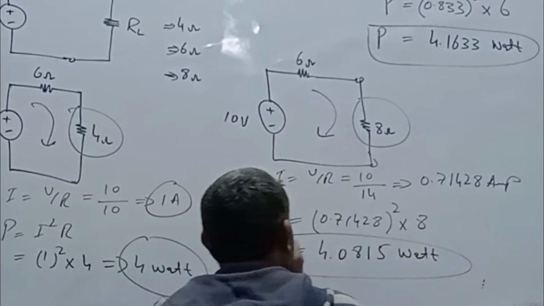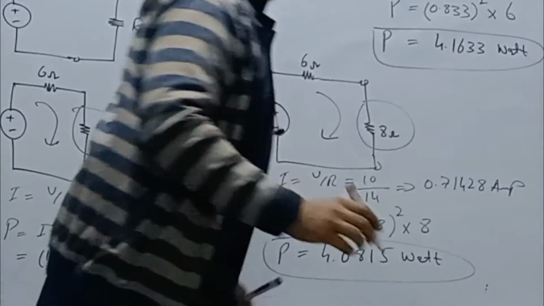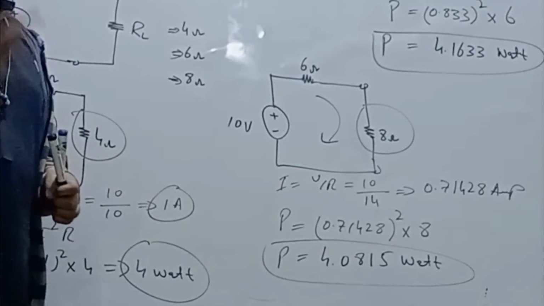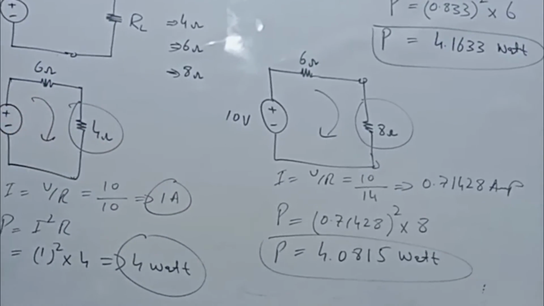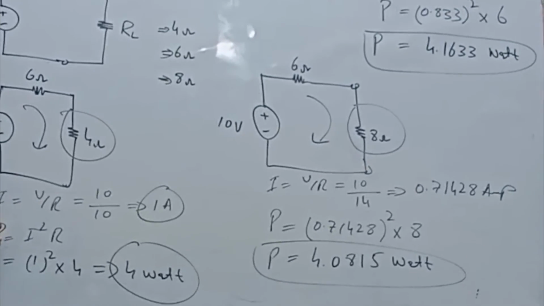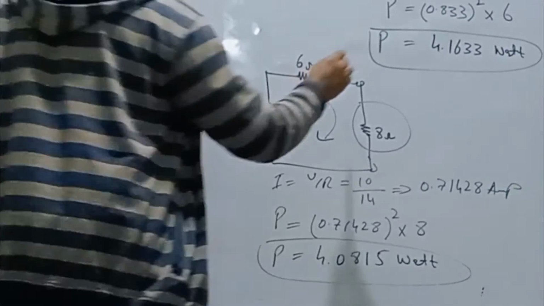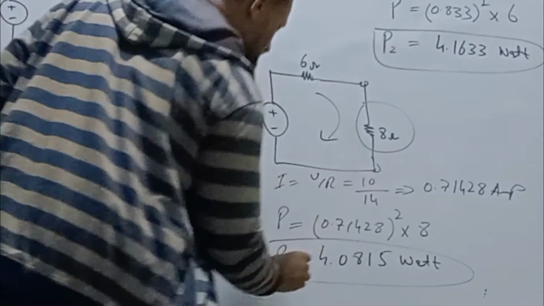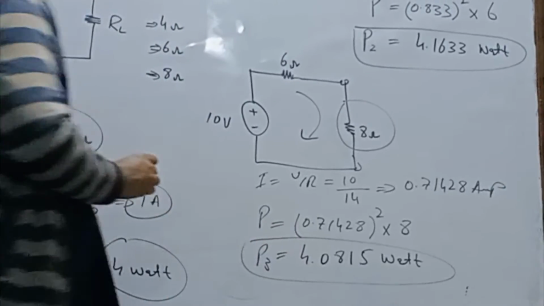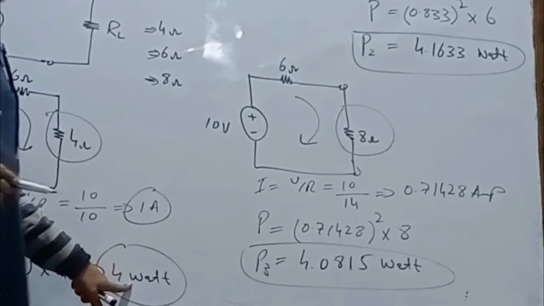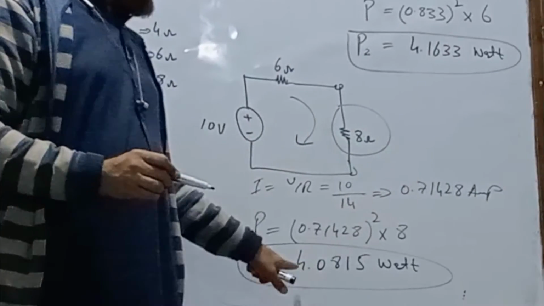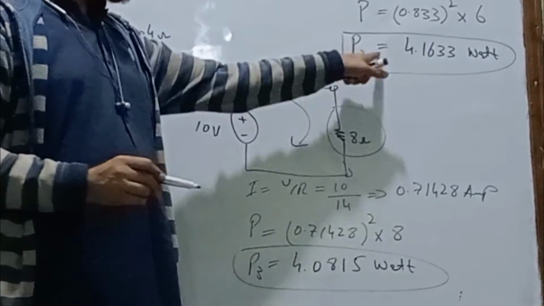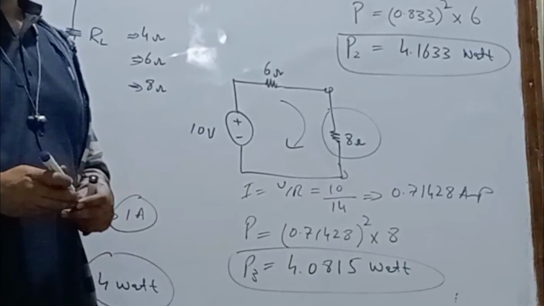So which value is maximum among these three powers? That is P1, that is P2, that is P3. 4, 4.1633 and 4.08. So this one is maximum.